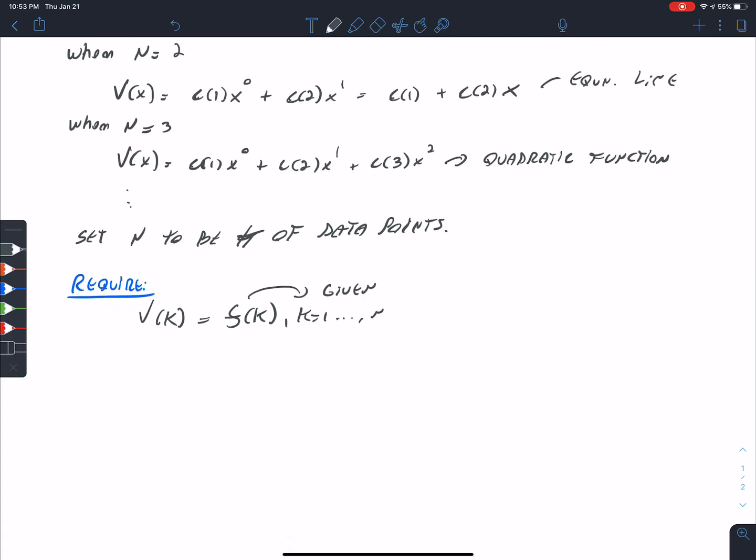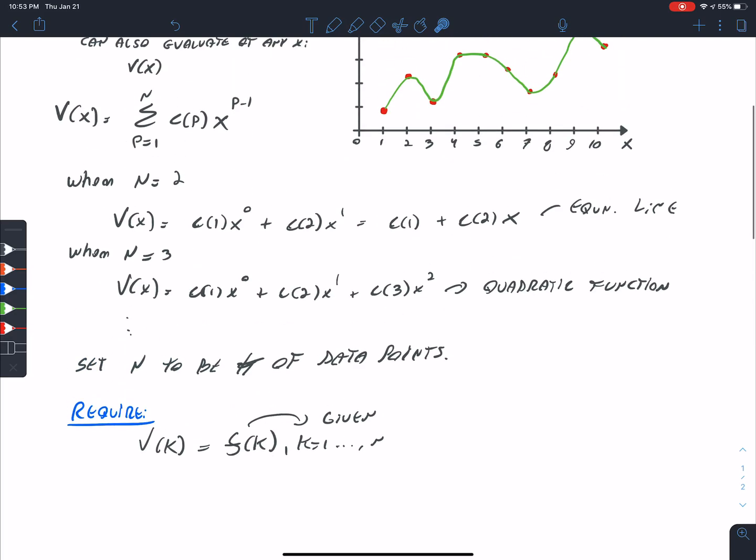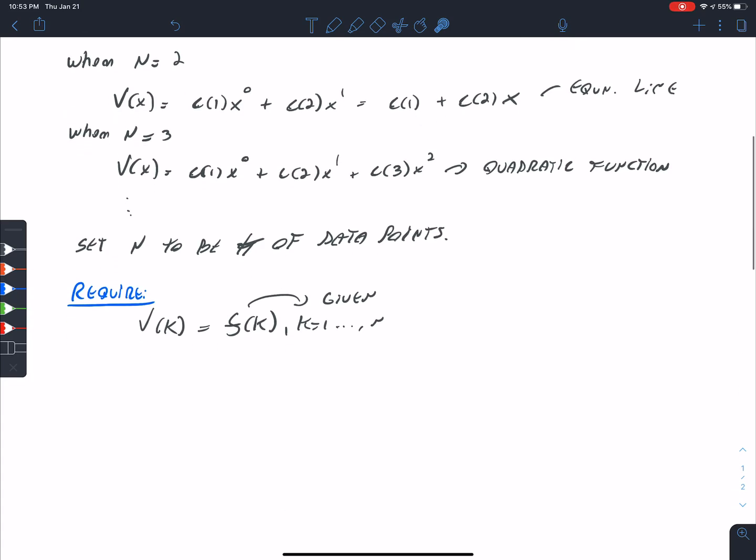And I argue that if we simply do this and write out the function for v of k, plugging in the polynomial formula over here, we will end up with a linear system of equations, which we just finished studying. So let's do this.